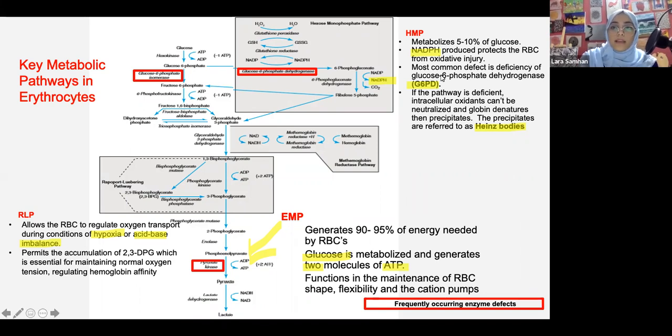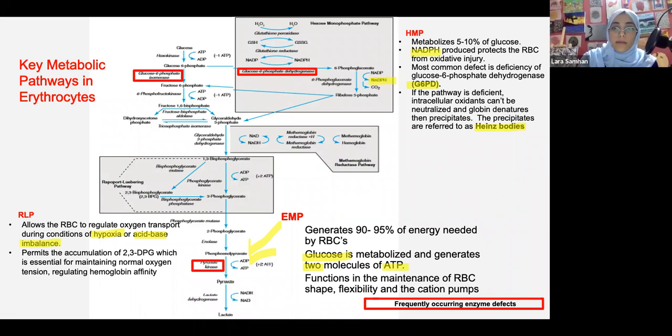Now, we have this NADPH in the hexose monophosphate pathway, which uses the glucose 6-phosphate dehydrogenase enzyme. This enzyme reduces NADP to NADPH. This is very important to remove the free radicals.